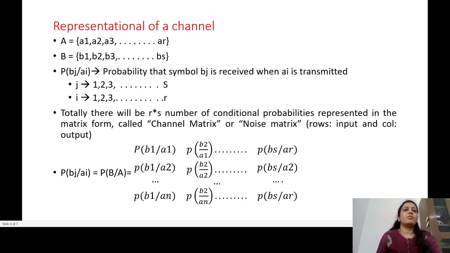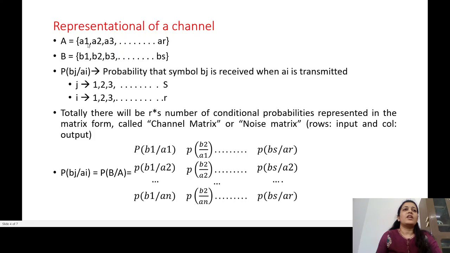So transition probability says that we are receiving the output symbol Bj when our input symbol Ai has been transmitted. So our J can be either 1, 2, 3 or any value between 1 to S, because we have B1 to BS as our output alphabet and Ai is our input alphabet.